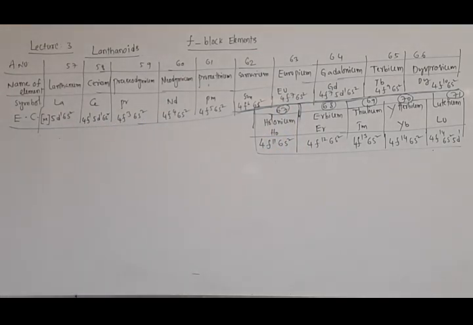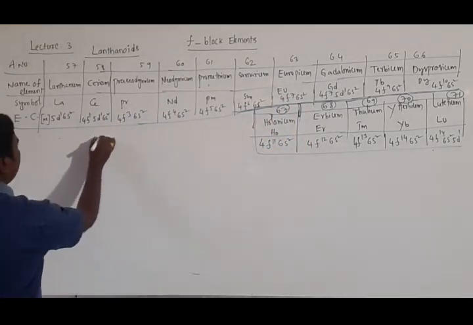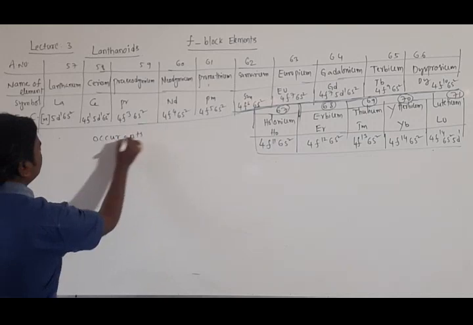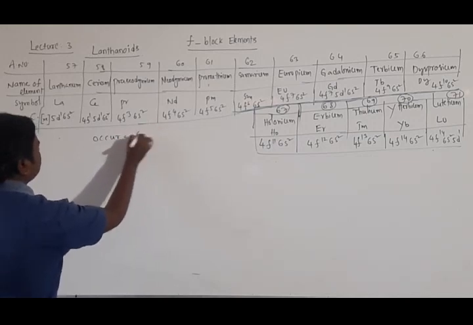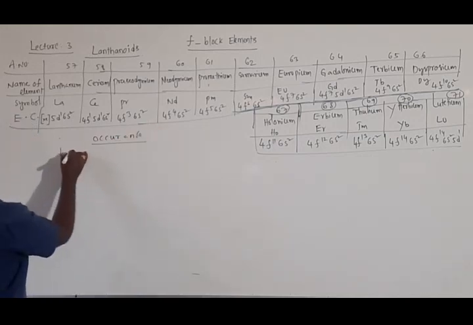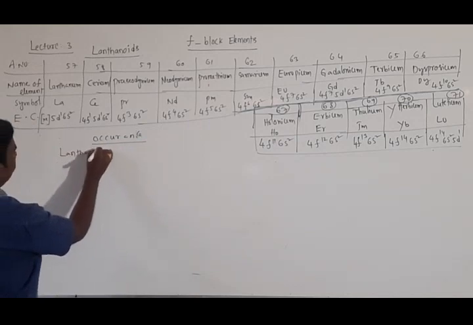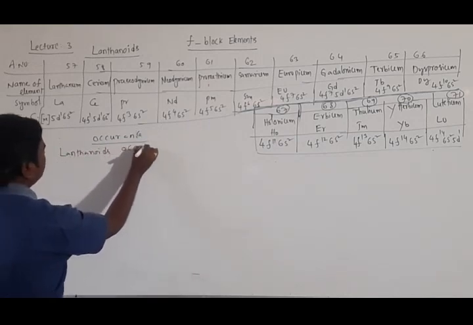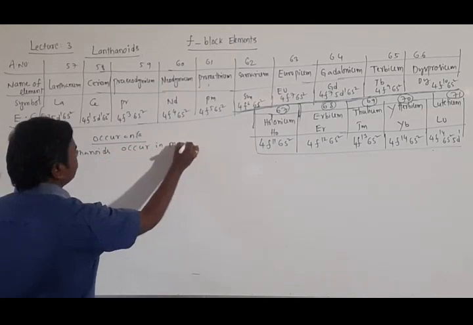Next, occurrence of lanthanoids. Lanthanoids occur in monazite sand.